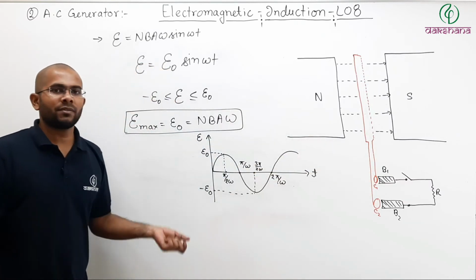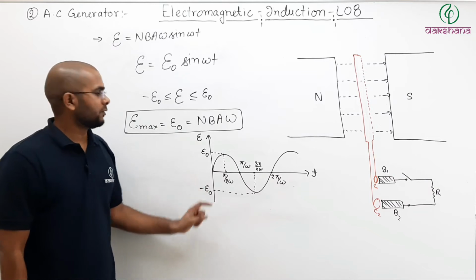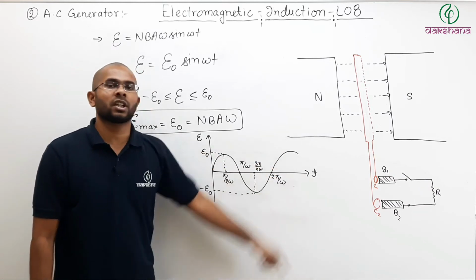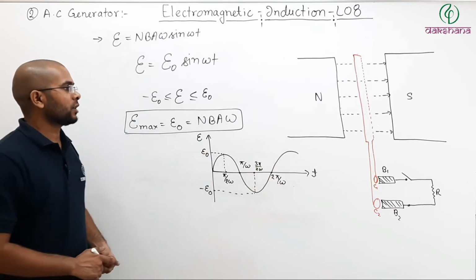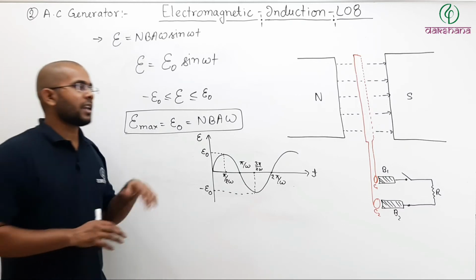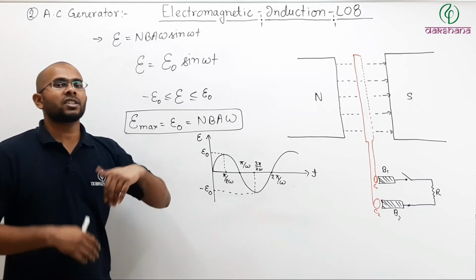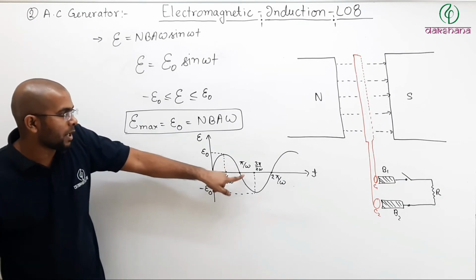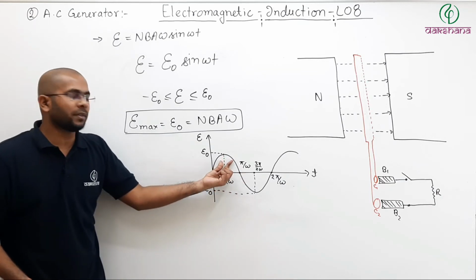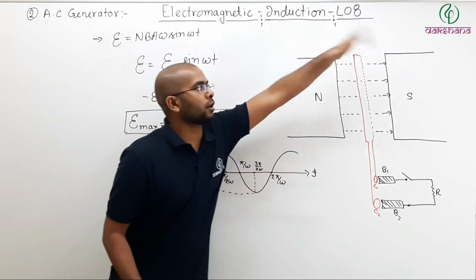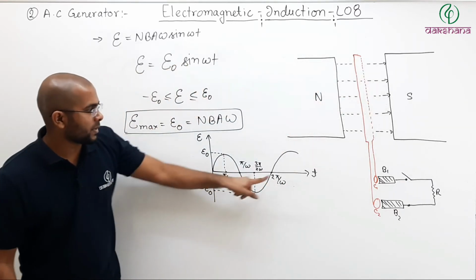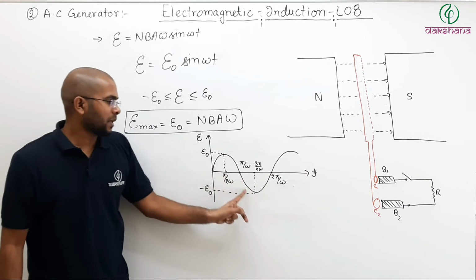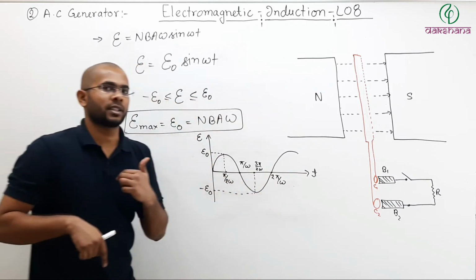So your EMF is generated in the form of a sine function. In case of an AC generator, EMF is a sine function. It is changing its direction. See here, from 0 to pi by omega, the direction of EMF is positive, let us say clockwise. From pi by omega to 2 pi by omega, EMF is negative, meaning anti-clockwise.